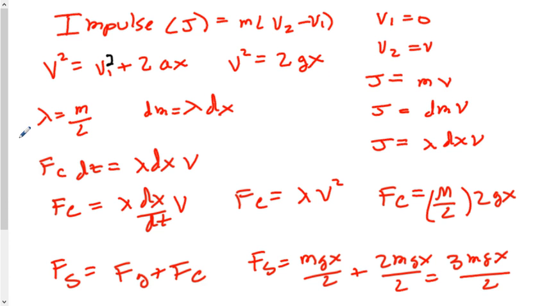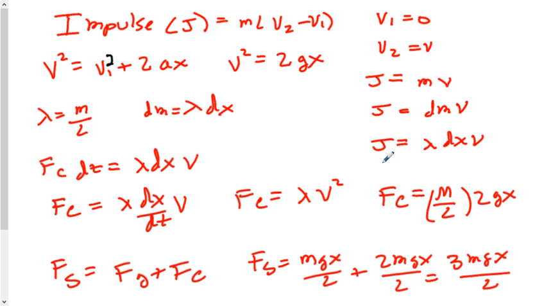Now again, we're still going to use lambda equals m over L because dm is equal to lambda dx. Now that v1 is equal to 0, what does J equal? J is equal to m times v. But m is a differential, so J is equal to dm times v.